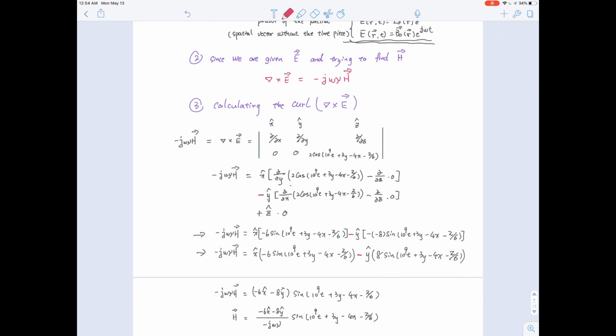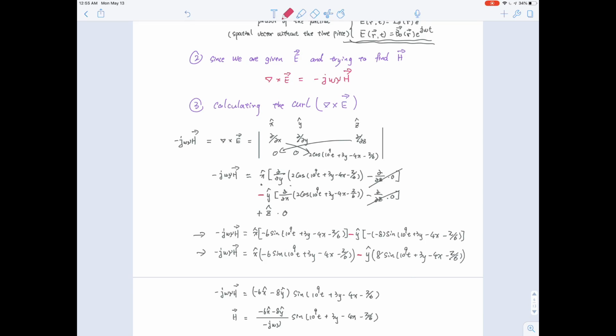First, we can put everything into this determinant, and we'll start by looking at the x hat terms, which is composed by the derivative of y on this cosine term and the derivative of z of this 0, which is essentially 0, followed by the y hat term, which should be the derivative of x on this cosine and the derivative of z on 0, which is also 0.